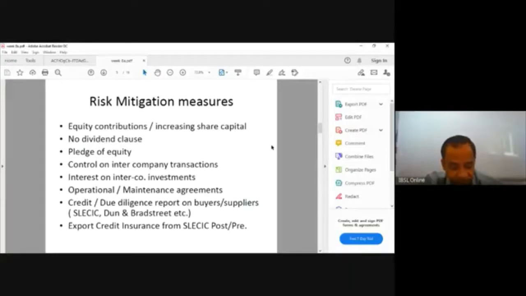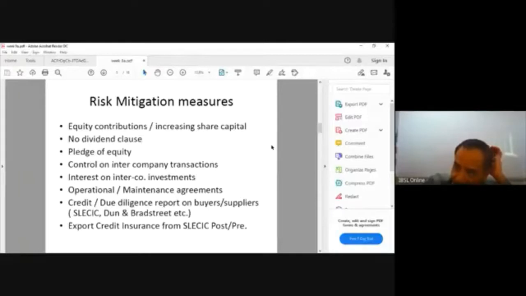So the different treatments we were talking about are either to totally avoid the risk, or to hedge the risk and get some other protection, or else to mitigate the risk. In risk mitigation, when you're identifying the risks in a lending proposal, you have to come out with how you will mitigate the risk, how you will reduce the effect of the risk on your proposal. That's very important. So many a time in your proposal, you will know.